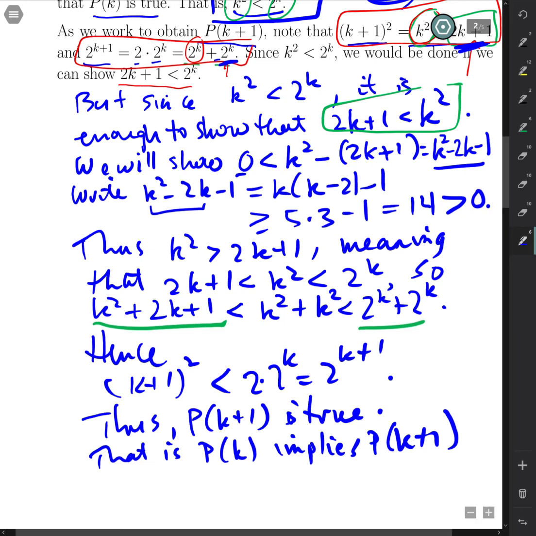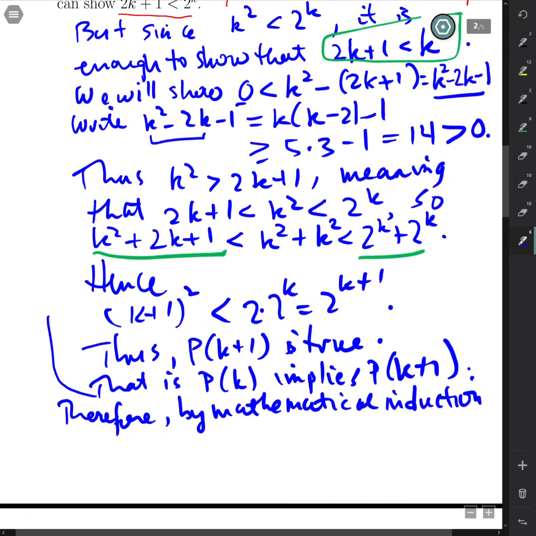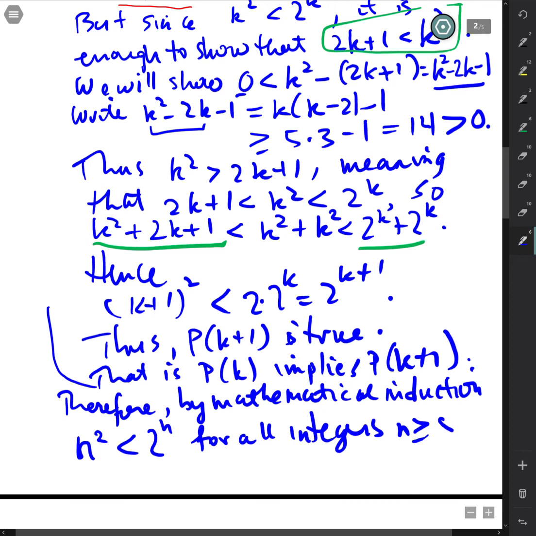I won't say that right here. And that concludes the inductive step, so therefore by mathematical induction, n squared is less than 2 to the n for all integers n greater than or equal to 5.